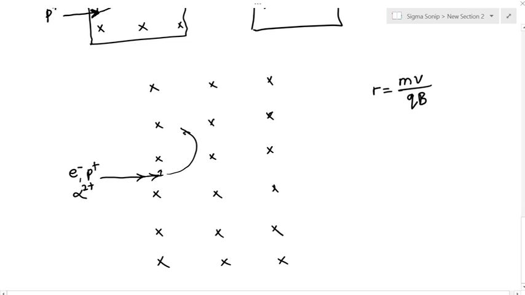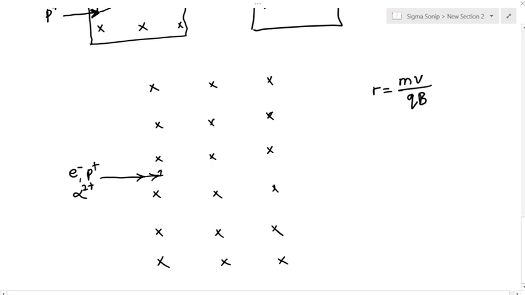Likewise, negatively charged particles will move in this direction. Once we have determined that, now we need to determine the radius. So positive particles will go in this direction, negative will go like this.